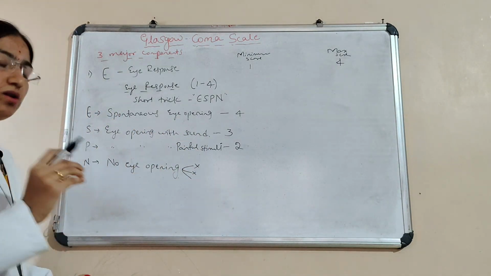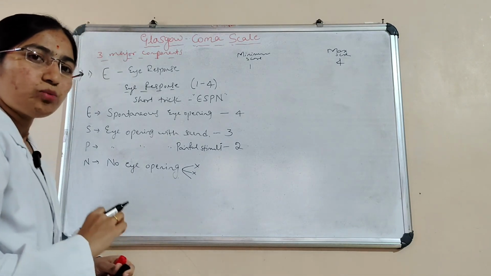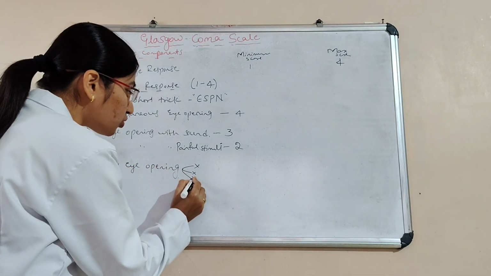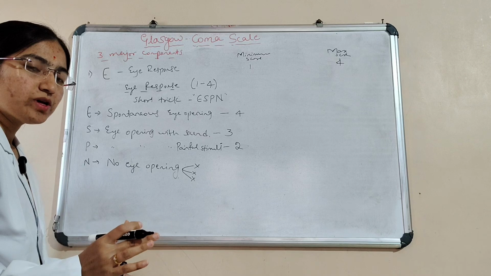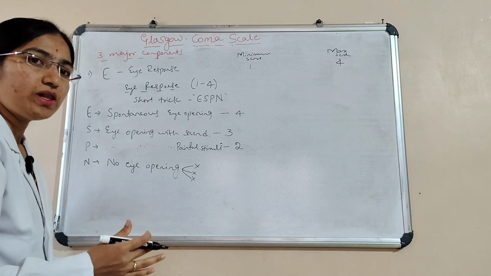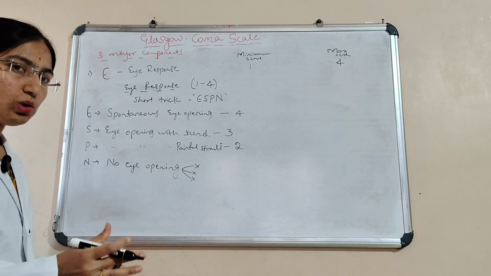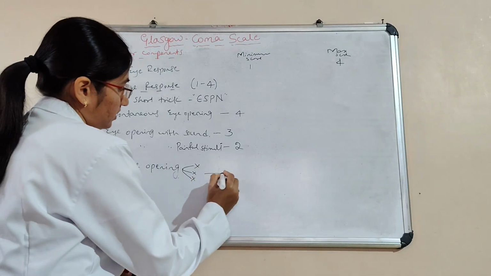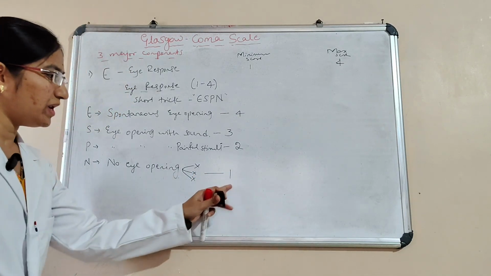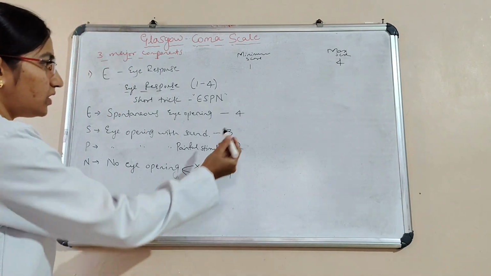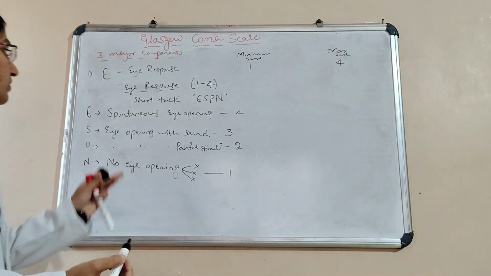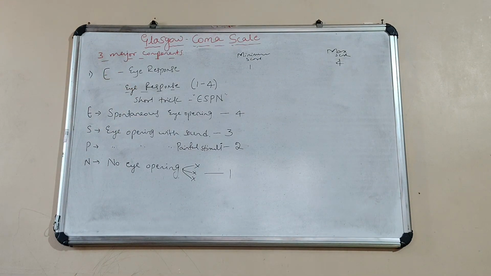And when this person pinches that client, that time also no response, no opening of eyes. That client will not open his eyes. Then no response: we give the minimum score, 1. This is for the eye response.